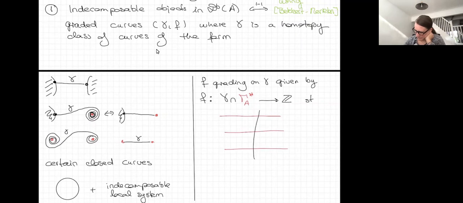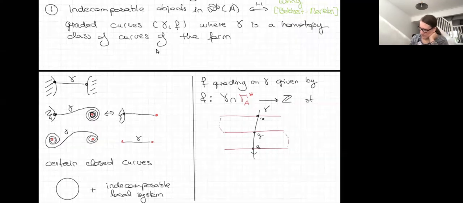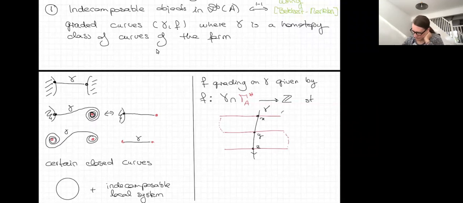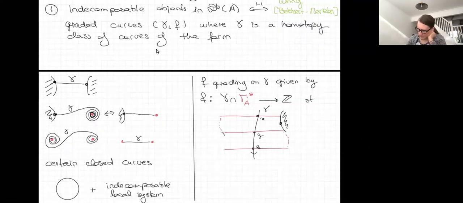So here's our curve gamma. It will have intersections X, Y, and Z. And remember, the surface is dissected into red polygons, such that each red polygon has exactly one boundary component with a black marked point.